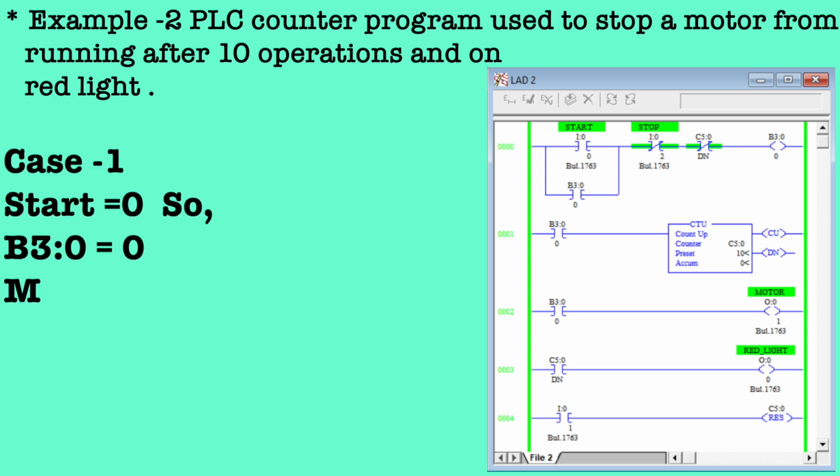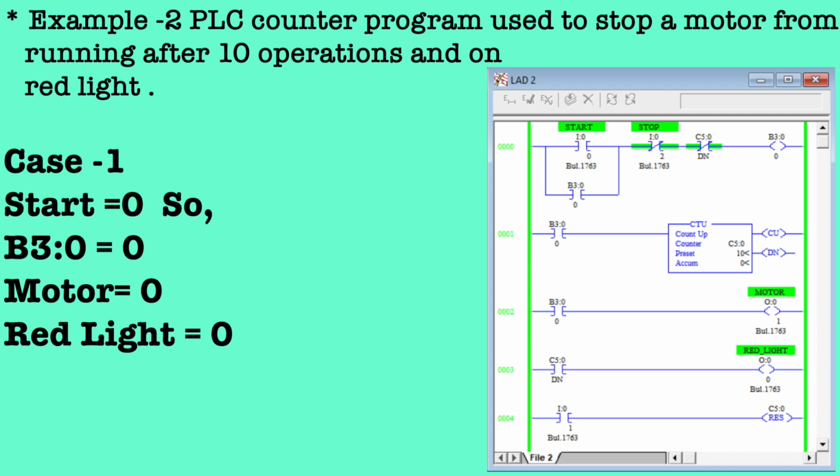So in the first case, when the start button is 0, or off, it remains in its initial state, that is the normally open state. That's why my binary output B3:0/0 is off. That's why my counter is also in the off state.